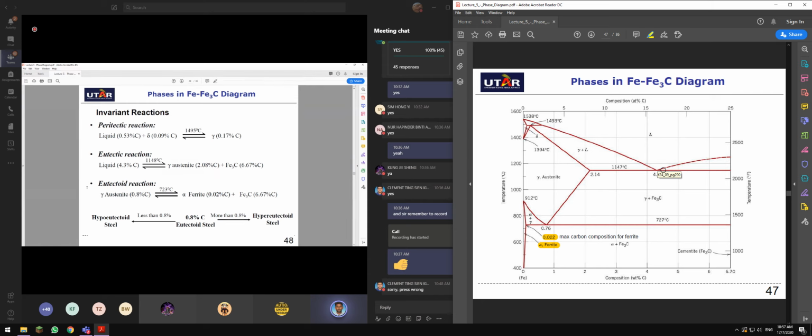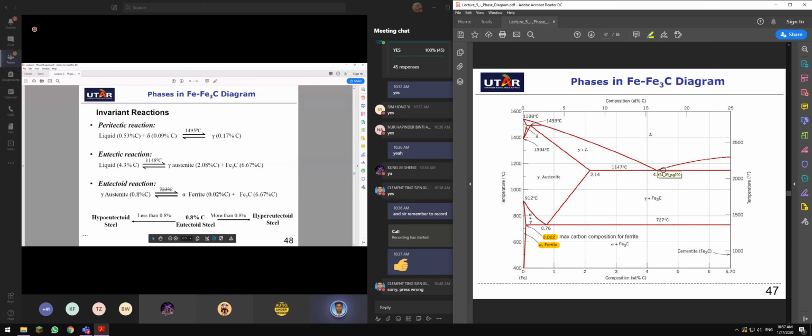And we have the eutectoid reaction. A eutectoid reaction is an alloy which has a minimum transformation temperature between solid solution and simple mixture of metals. So between pure solid and two different types of solids, eutectoid reactions.